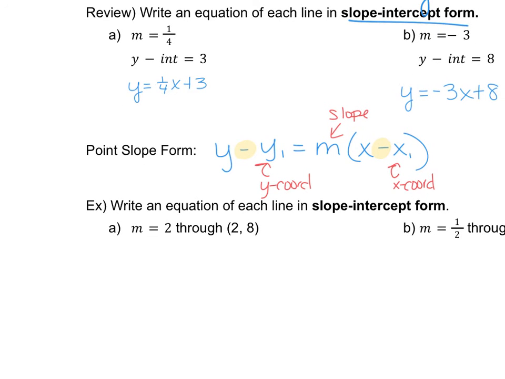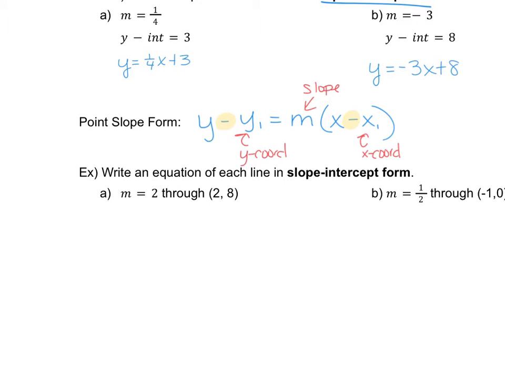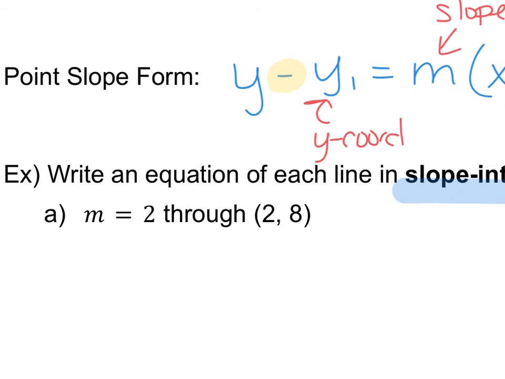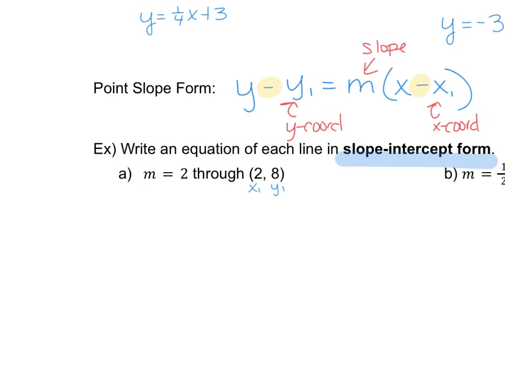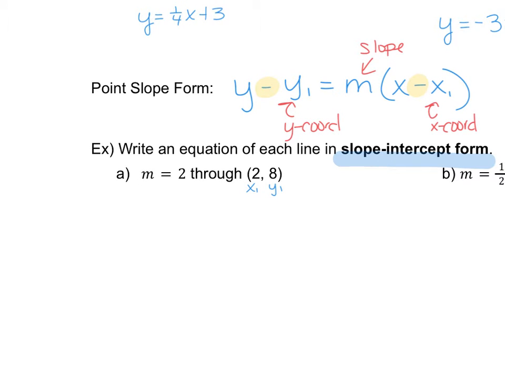All right, so here's the type of problems that point slope is very helpful for. It says write an equation of each line in slope-intercept form. Okay, so we have the slope is 2, and they give us a coordinate 2, 8. So I'm going to label it x1, y1, you know me. And then let's go ahead and just plug it into the equation.